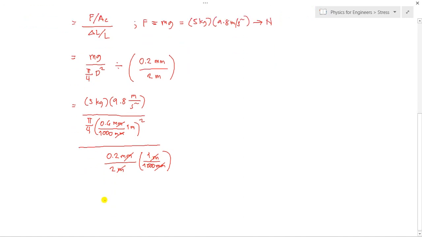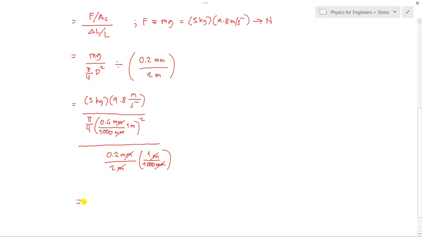So pila ang mabilin? So we have here kilogram. Ang expected dimension diri sa ubos kay meter squared. So therefore we have kilogram meter per second squared, that is Newton, divided by meter squared, that is Newton per meter squared or Pascal. So therefore ang unit niya kay sa stress is a pressure, Pascal.